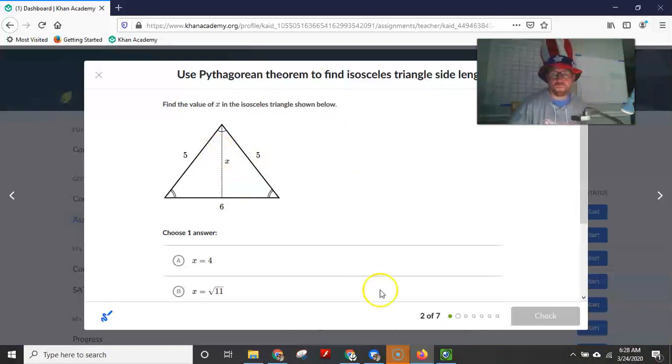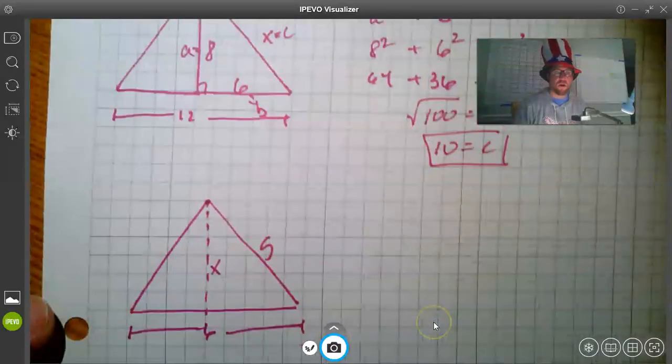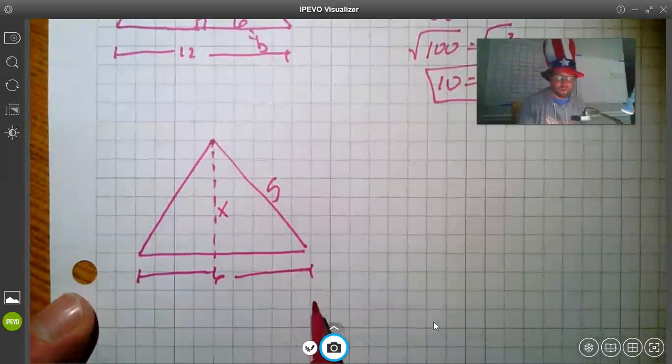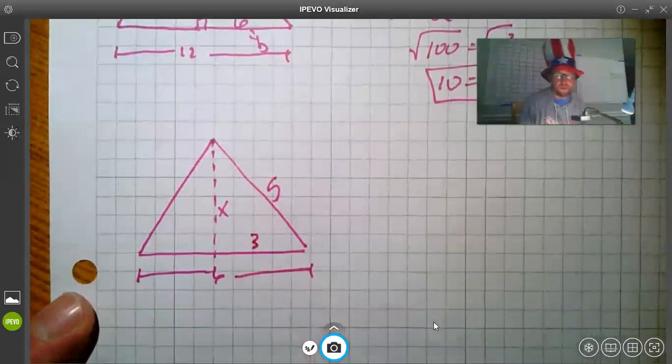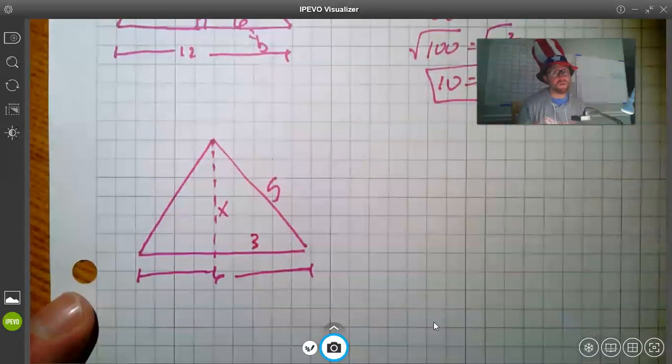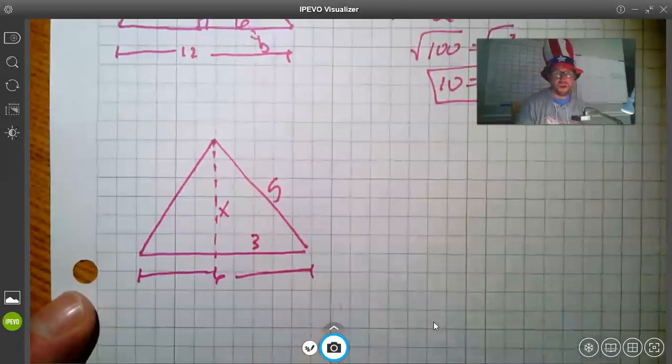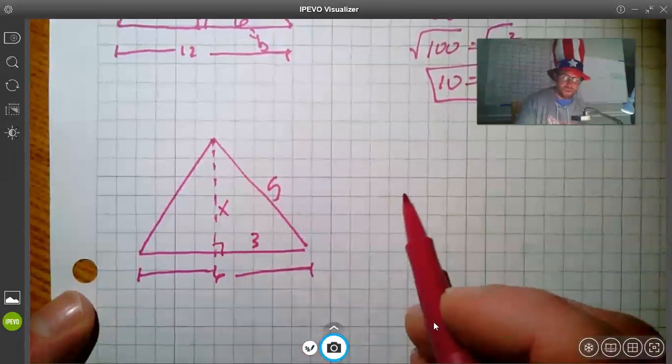Okay. So let's see here. In this case, notice if the full base of the isosceles triangle is 6, then this is going to be a 3 because it's just halfway across. And you might recognize this to be a 3, 4, 5 right triangle. But we'll do the math anyway.